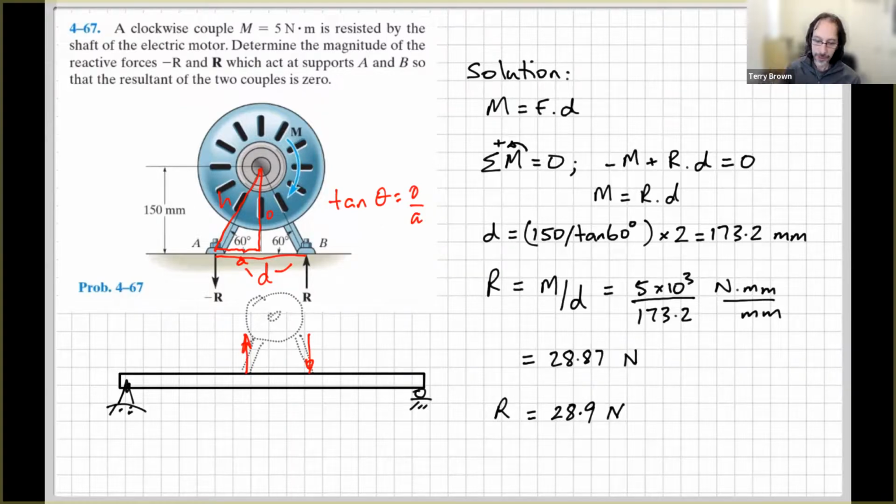Also with a motor sitting on here, if there's some out of balance, this is going to generate a force up and down like this. So then you need to make sure that the frequency of this rotation doesn't match the natural frequencies of the beam.